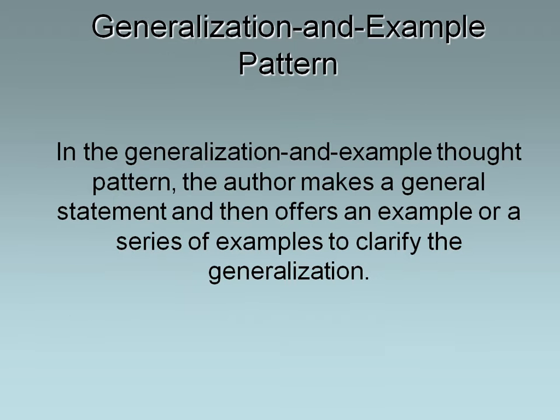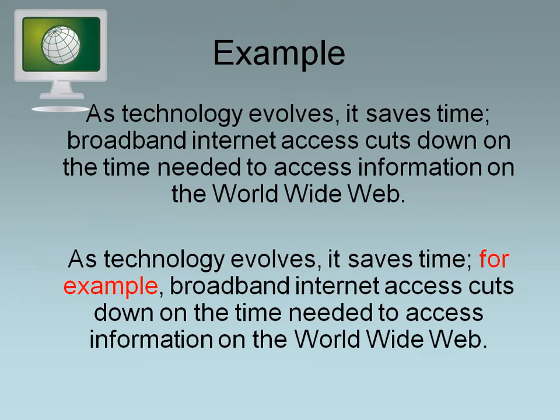The generalization and example pattern. In the generalization and example pattern, the author makes a clear statement and then offers an example. Read the sentence about technology and the internet. Notice how the use of the example word makes the relationship between the ideas clear.